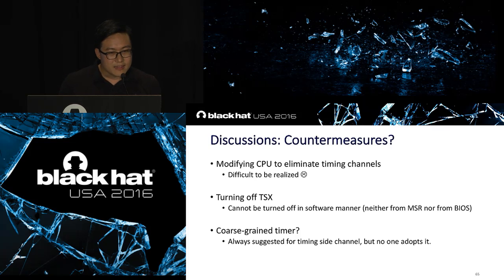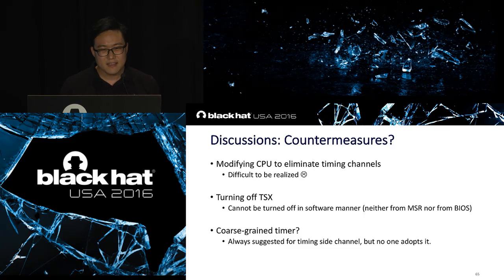Another way is turning off the TSX to secure the system. But in software, there is no way to turn off the TSX, neither from the MSR, the model-specific registers, nor from the BIOS setup. So it might be disabled through a microcode update.